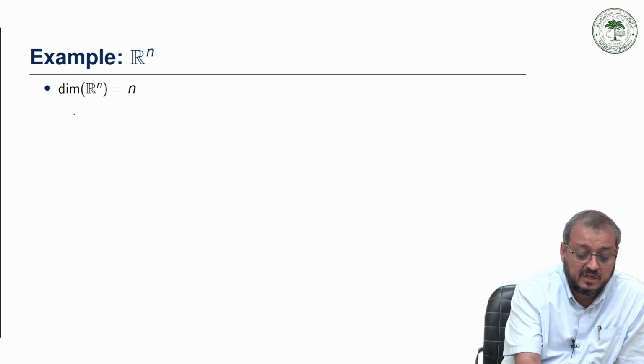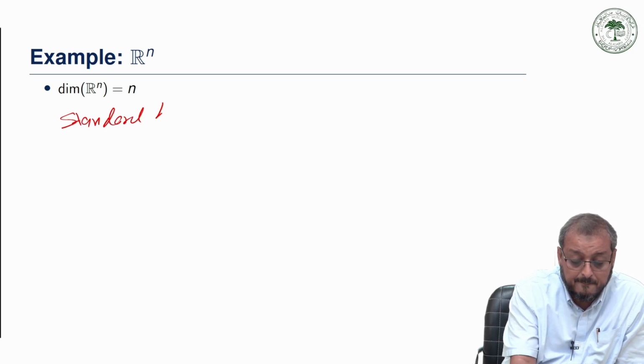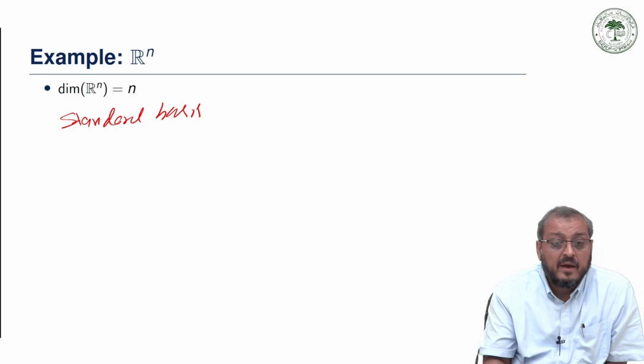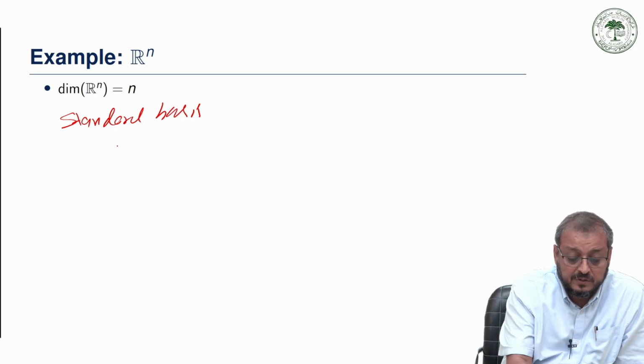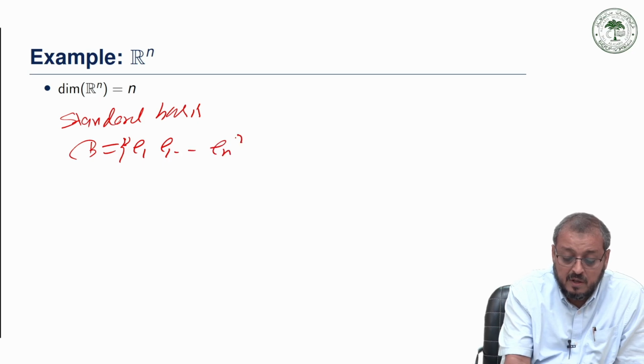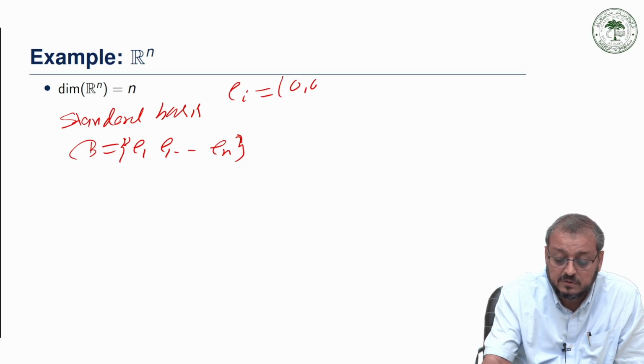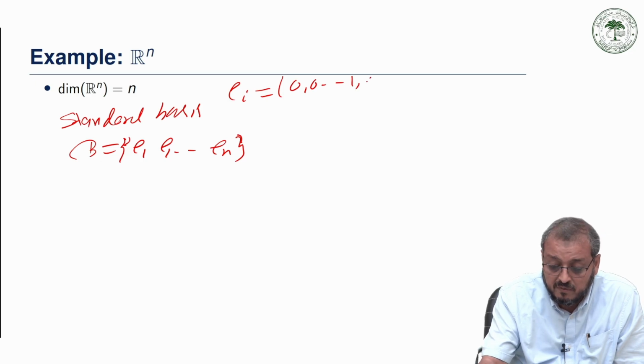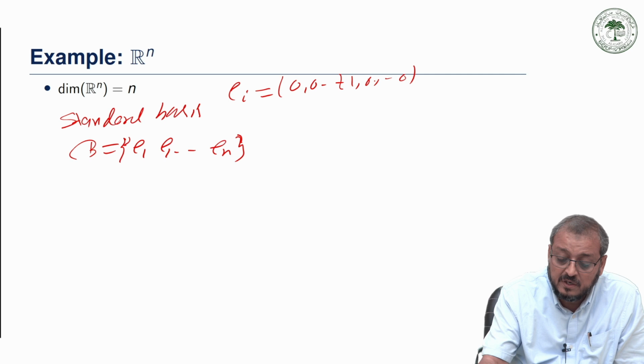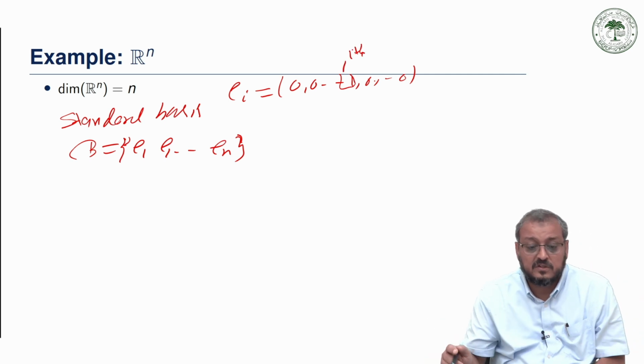We take the standard basis B equal to E1, E2, up to En, where Ei has a 1 in the ith position and the rest of the elements are equal to 0.